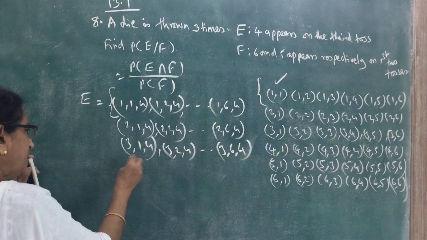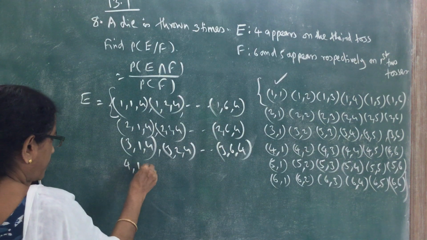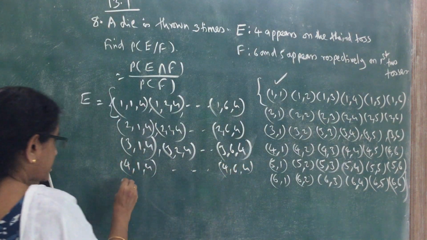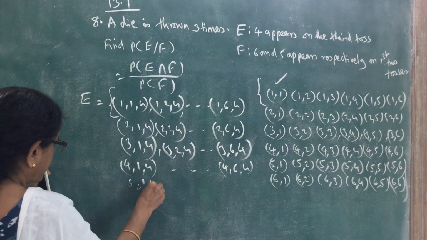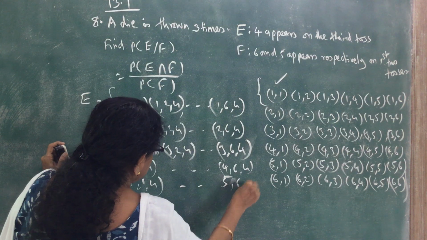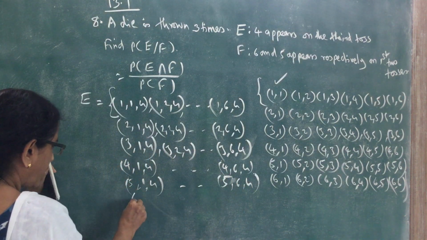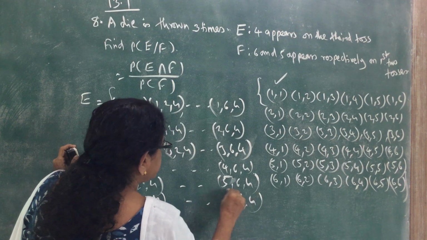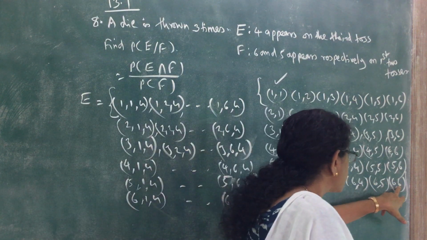Then similarly 4, 1, 4, etc., 4, 6, 4. Next 5, 1, 4, etc., 5, 6, 4. Then 6, 1, 4, etc., 6, 6, 4.